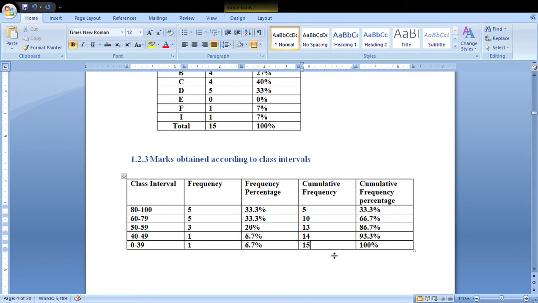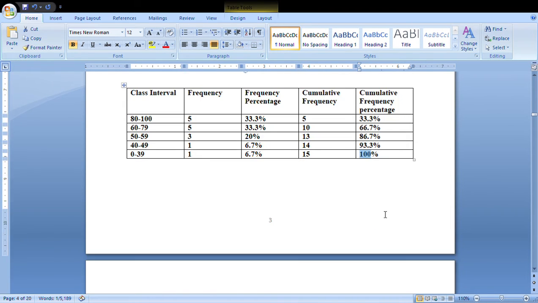And lastly, we have 15 divided by 15 times 100, and you have 100%. So this is how to create this table for the marks obtained during class interval.